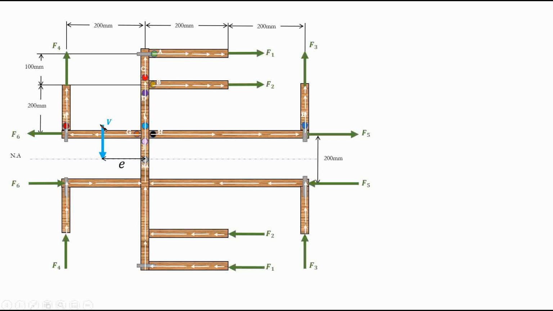If I apply my shear force at a specific point, then my additional twist will not exist, or I will not end up with additional torsional stress. And that's the idea behind it.